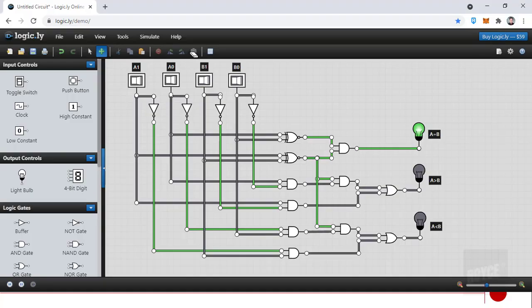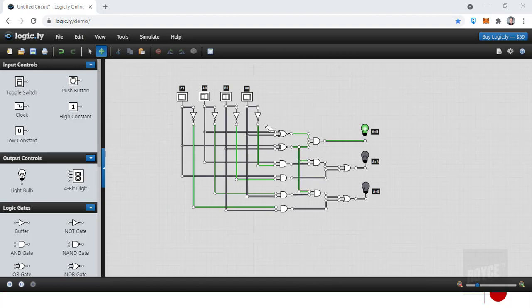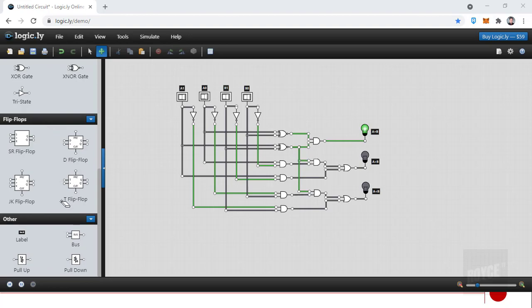So naghahanap ako ng circuit simulator nakaraan, and ito yung nakita ko. So we have here, you can also try this. It's a website, logic.ly. This is for logic circuits.